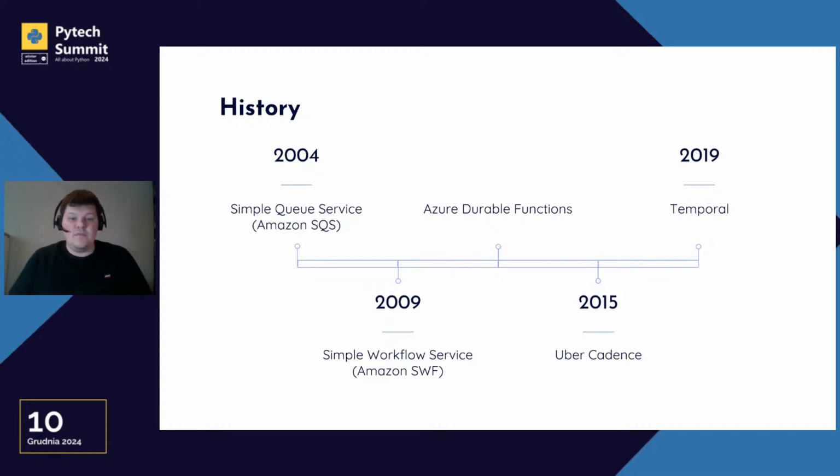Amazon SWF. Next, one of the co-founders, Samar Abbas, worked at Microsoft, and Microsoft announced Azure Durable Functions. Azure Durable Functions is a feature of Azure Functions that lets us write stateful functions in a serverless compute environment.